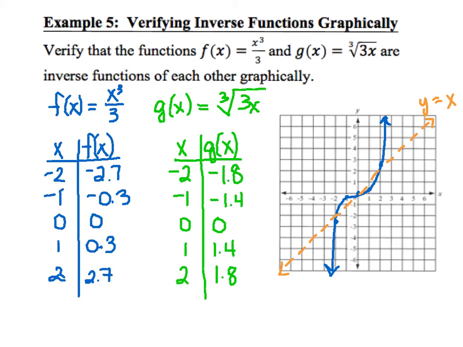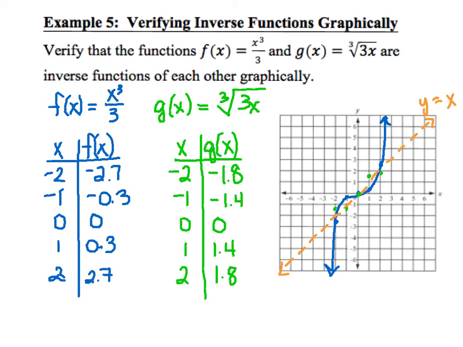So if you plot each of these points, go back 2, down 1.8. That's going to be about here. Back 1, down 1.4, so it's going to be around here-ish. Then you have 0, 0. Go to the right one, up 1.4. And then if you go to the right 2 and up 1.8, you're going to have something right here.